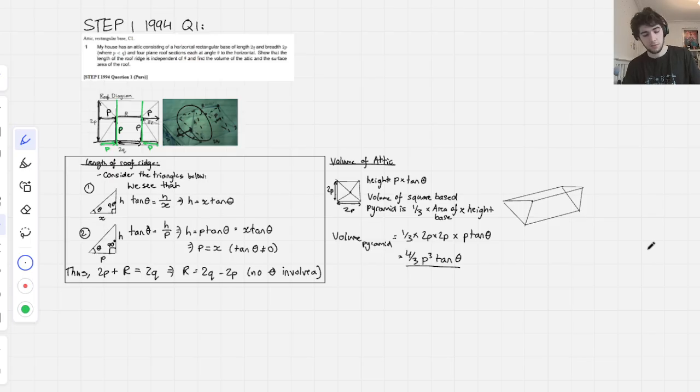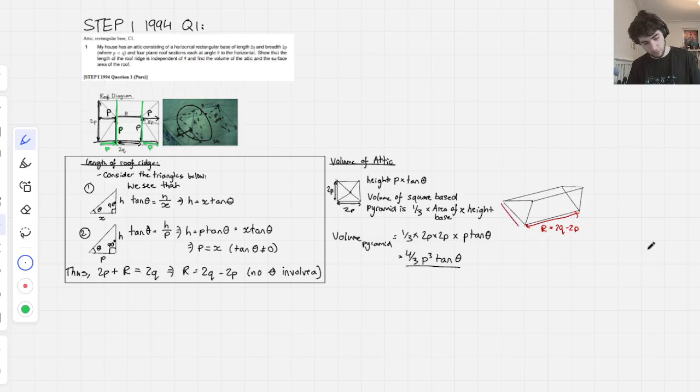So because these two lines are parallel, I'm left with a piece of length 2q minus 2p, which we also know is the same as just r. We labeled it capital R at the very beginning, the length of the roof ridge that we found in the first part of the question. And so effectively this length of the triangular prism is just r, which is 2q minus 2p.